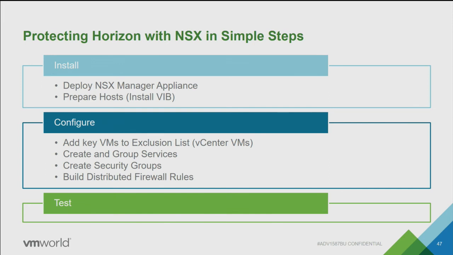So your next step, once you have that information as far as what you need to block, is creating your groups and services, creating security groups, and then building out your distributed firewall rules, and obviously testing.